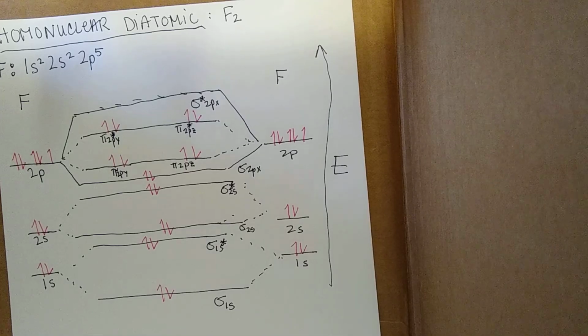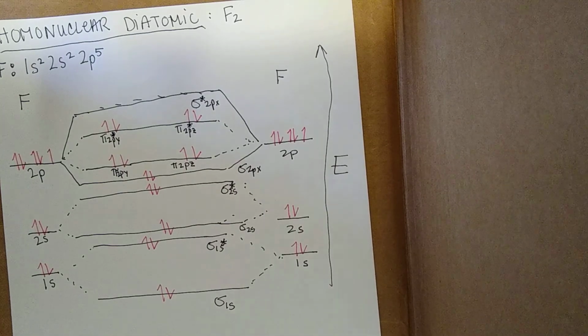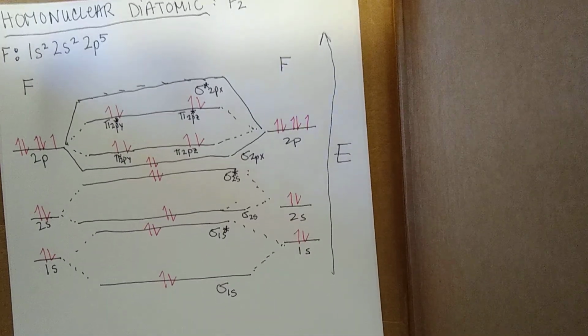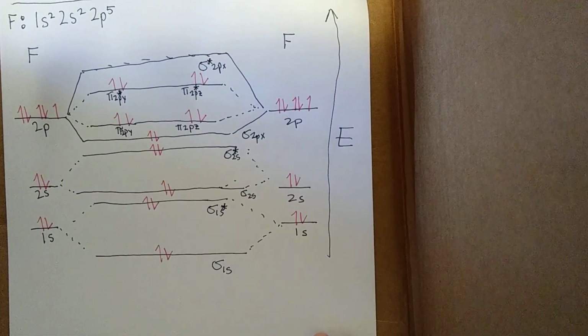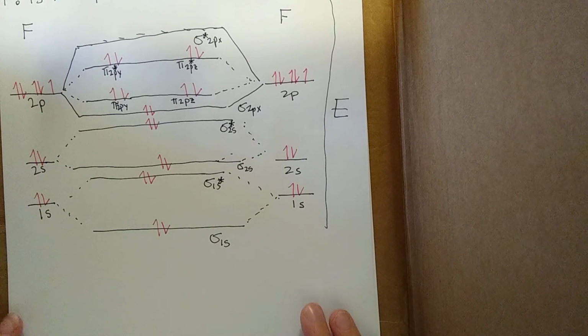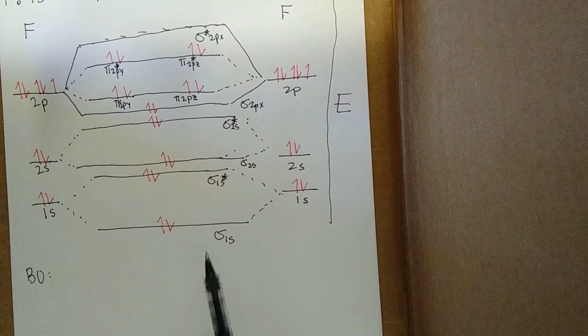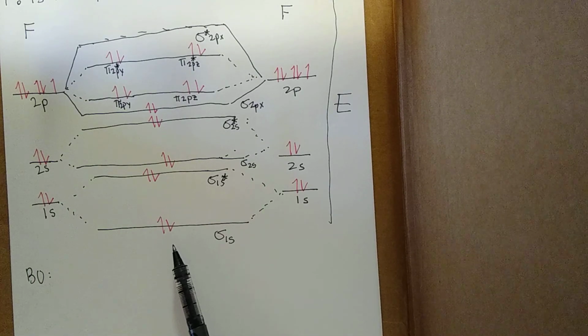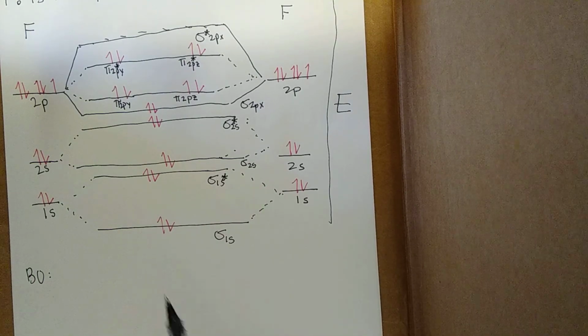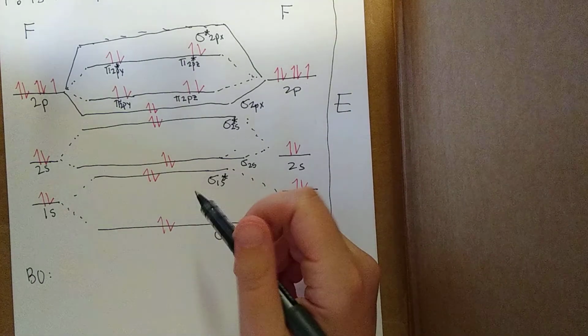So let's look at it a little bit. The first thing we're going to do is look at the bond order. Move this up a tad. Okay, so the bond order. Once again, the bond order is the number of bonding minus the number of anti-bonding electrons. So all we really have to do is count here.